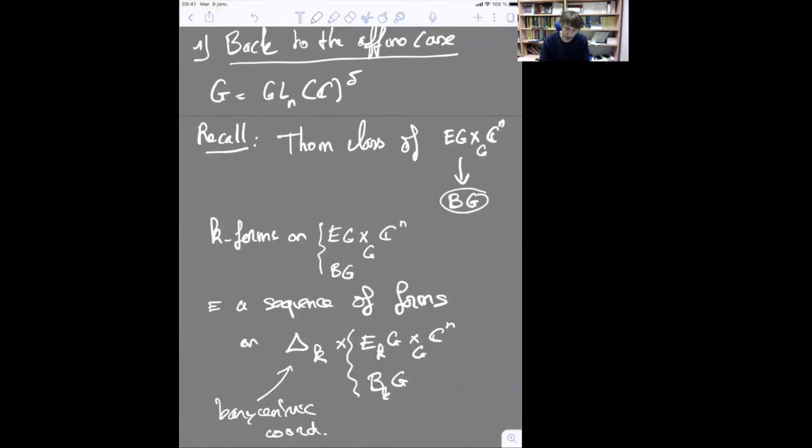If you consider the first product, delta k times EKG times Cn, then you have a differential form with variables on the delta k, and you have variables in the complex fiber Cn. And you can consider a differential form on these, and again, you ask them to glue along the faces of the simplicial complex.